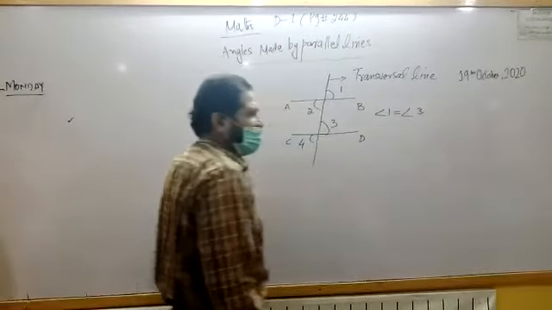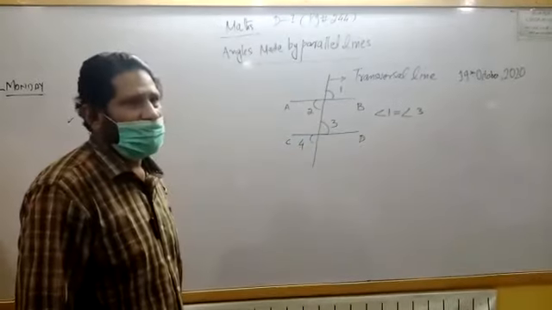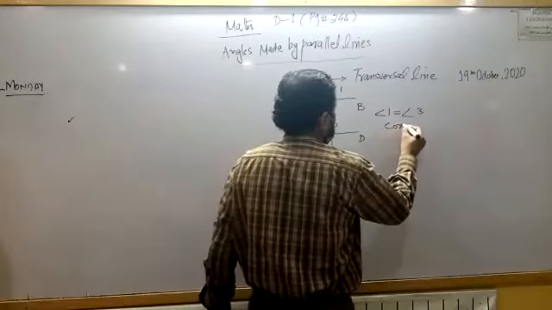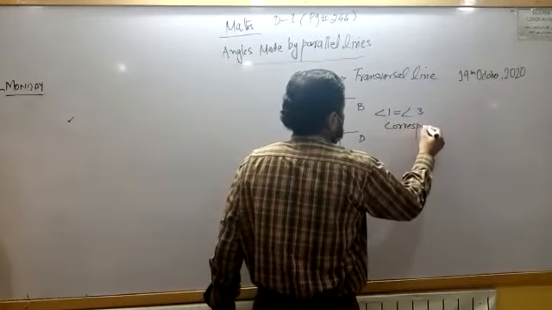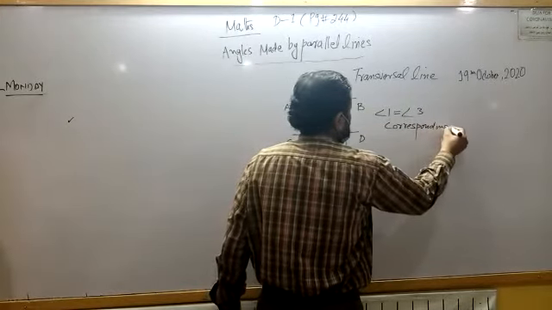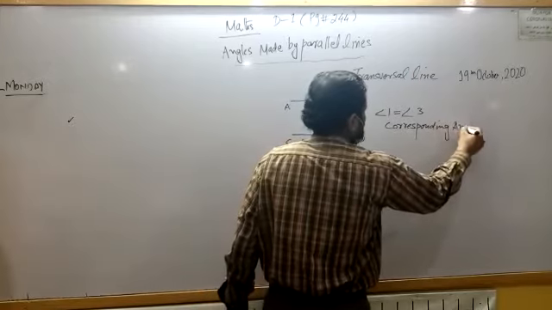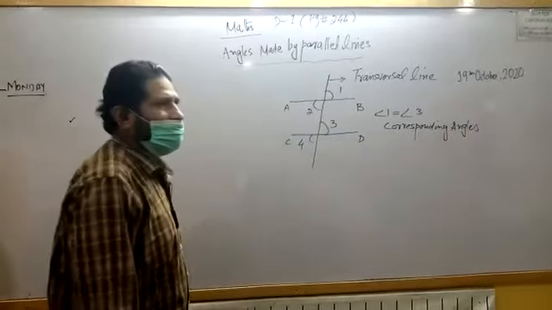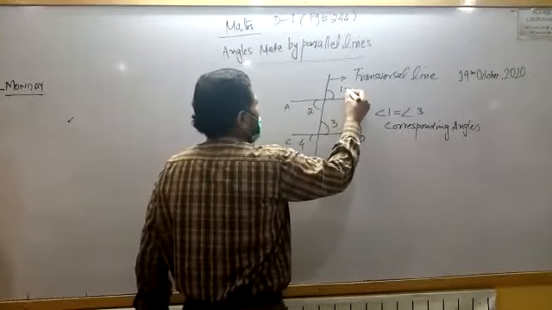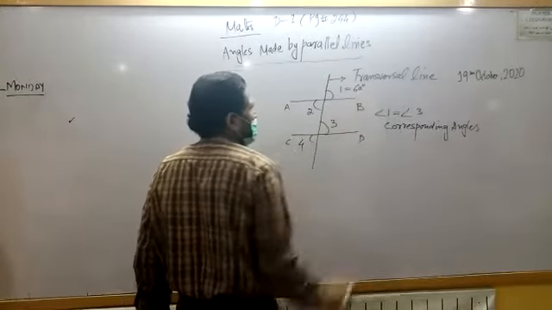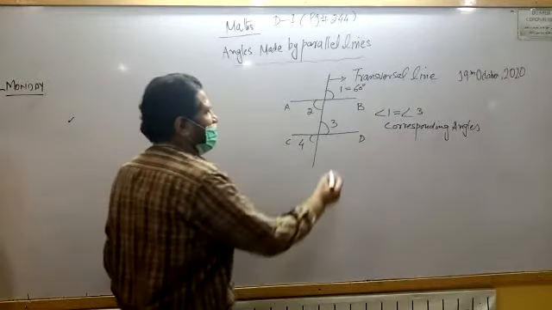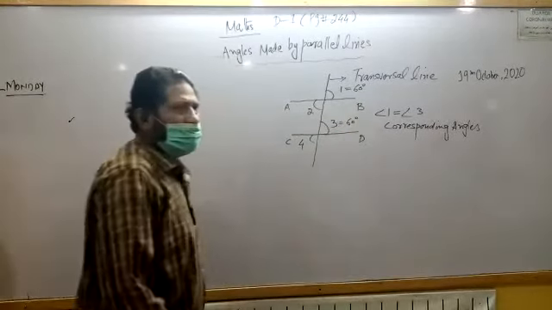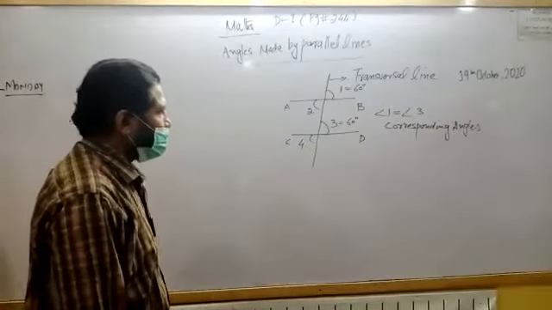We will give the reference of this relationship, and that is corresponding angles. Suppose angle 1 is equal to 60 degrees, then angle 3 will also be equal to 60 degrees, because these are corresponding to each other.